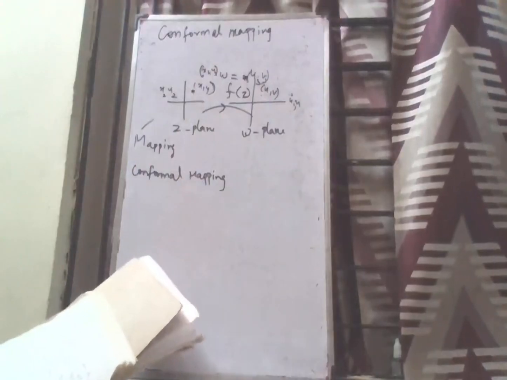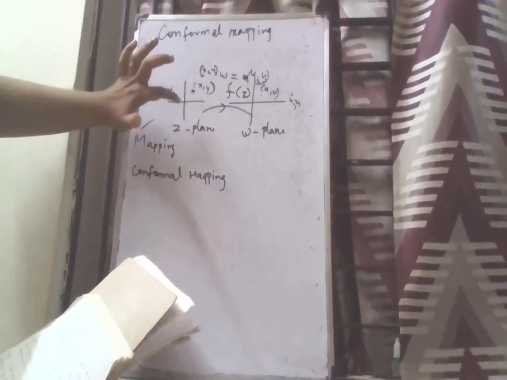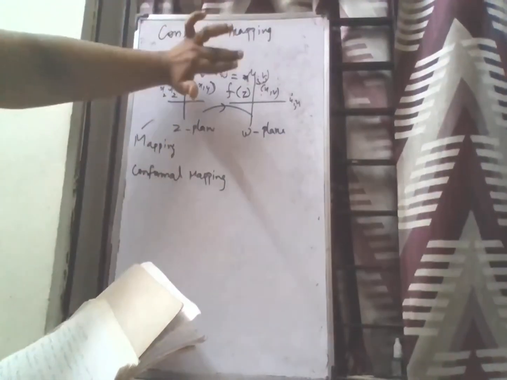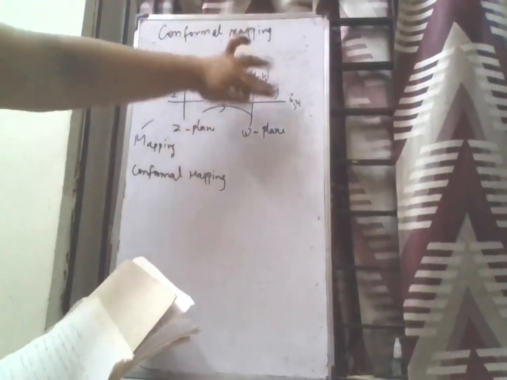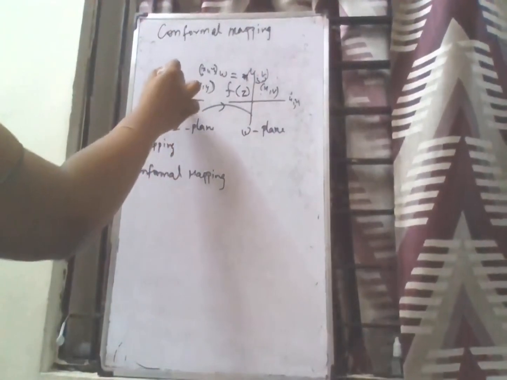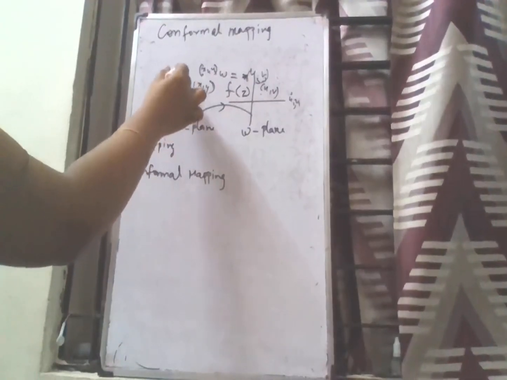Similarly, if the point z moves along some curve in the z plane, the corresponding point w will move along a curve in the w plane also. For example, in the z plane you are defining this graph, and the curve moves from this position to this position.